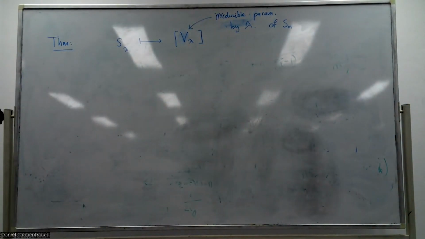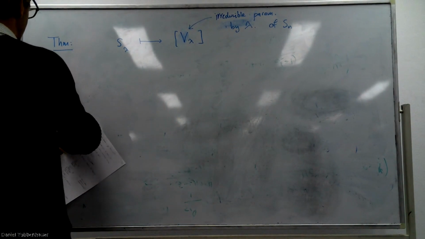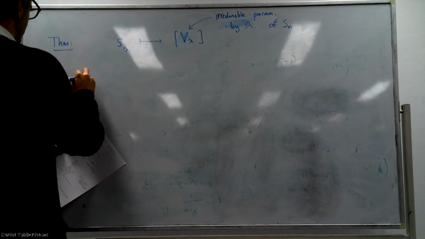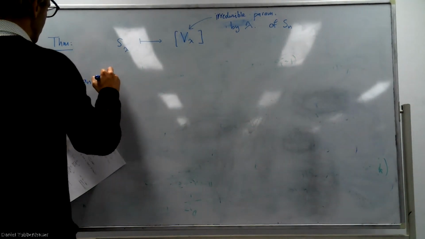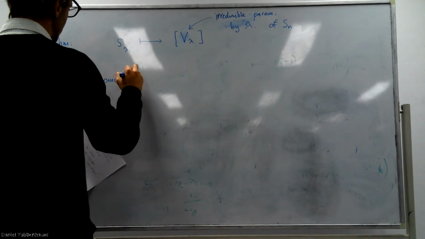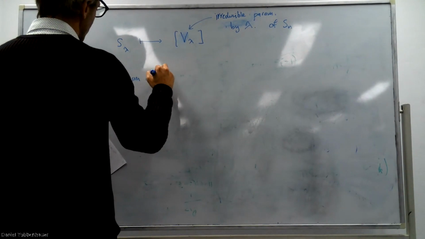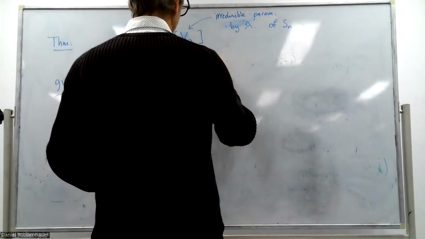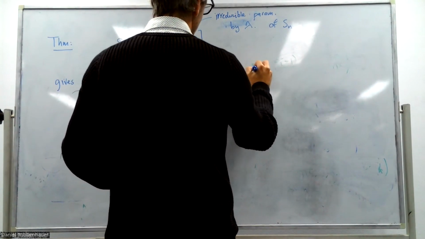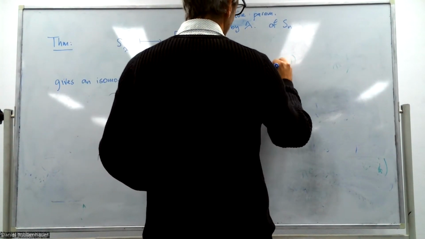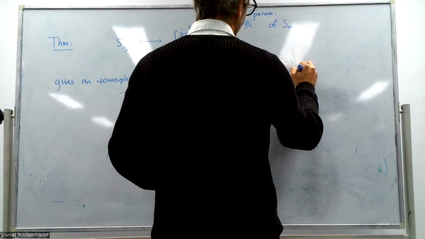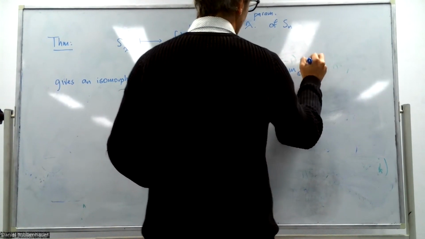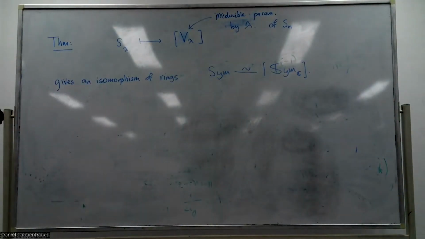Thank you. So this is a map, and it gives an isomorphism of rings between Sym and the Grothendieck ring of Sym. Okay, so that's extremely beautiful.